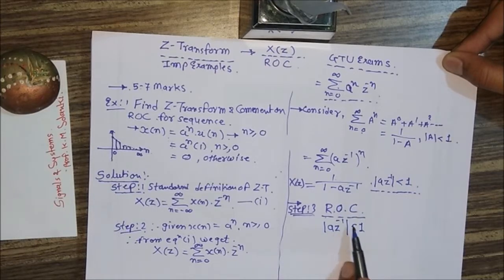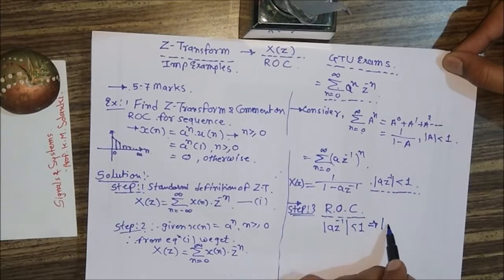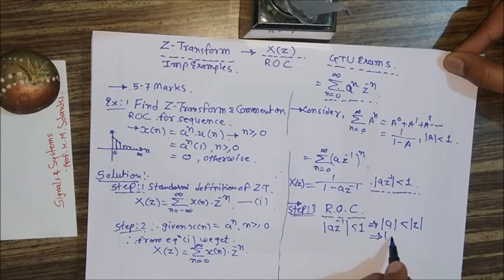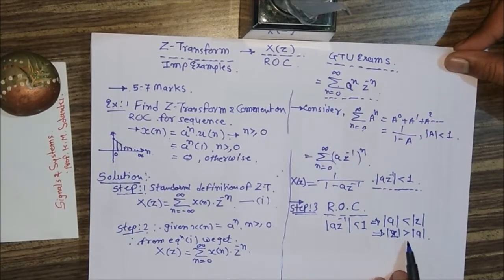So if mod a z inverse is less than 1, then mod a is less than mod z. This can also be written as mod z is greater than mod a. So this is the condition of ROC, that all the z values must be greater than the value of a.